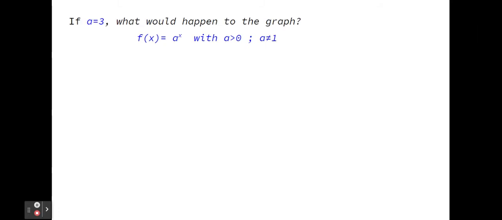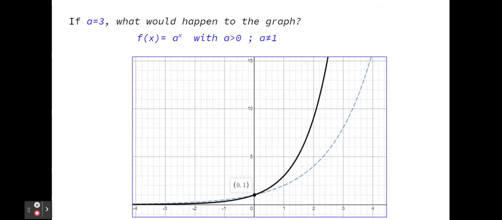So here it is. Our equation would now be f of x equals 3 to the power of x. And this is what the graph looks like. Notice that the blue line is the graph of 2 to the exponent of x, so it was left there for us as a reference. Notice the y-intercept is still unchanged.